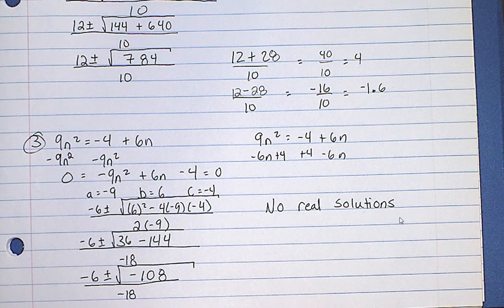Listen please. The reason it's no real solutions and not no solutions is that when you take algebra 2, or maybe even next year in geometry, you're going to learn about another number system other than the real numbers. So far in math, all you've dealt with are real numbers, like 1, 2, 3, 4, those are whole numbers.